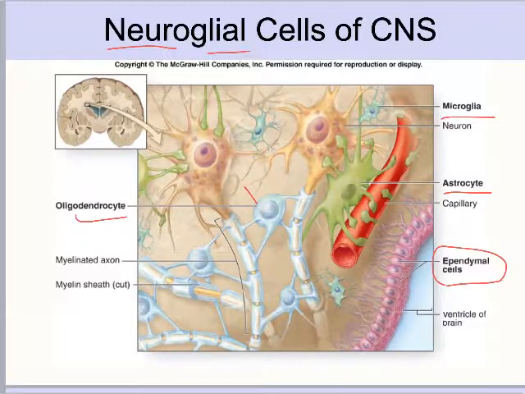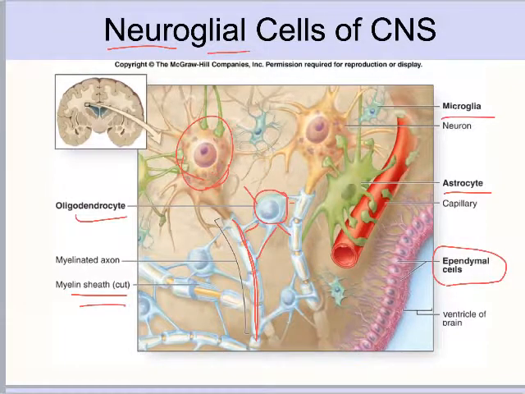These oligodendrocytes, here's the cell body, and they extend and wrap around the axons, with different extensions coming around. I mentioned before that the cell bodies are going to be gray, and then the axon is covered with myelin, and that's what makes the white components of the brain. So here's the gray, and there's the white.